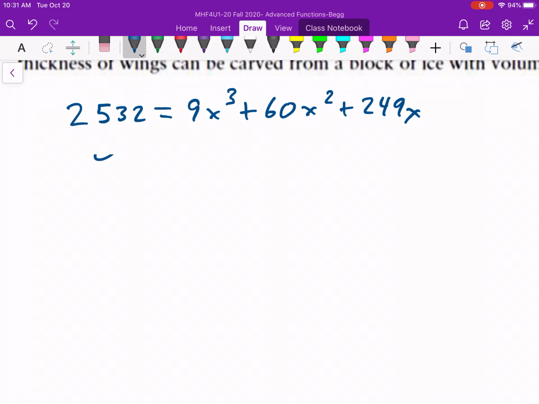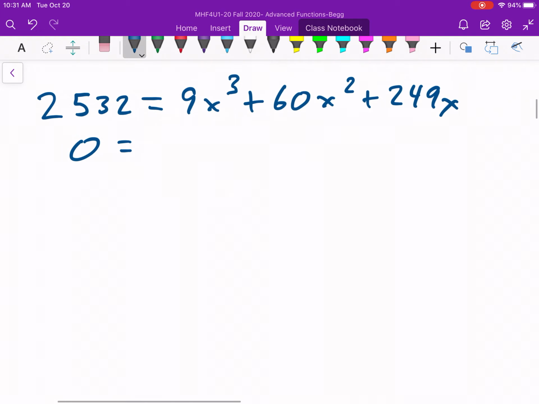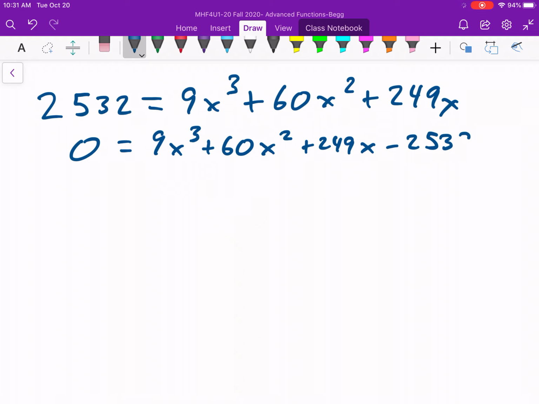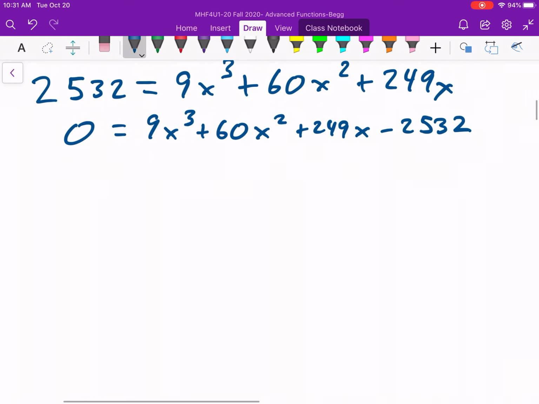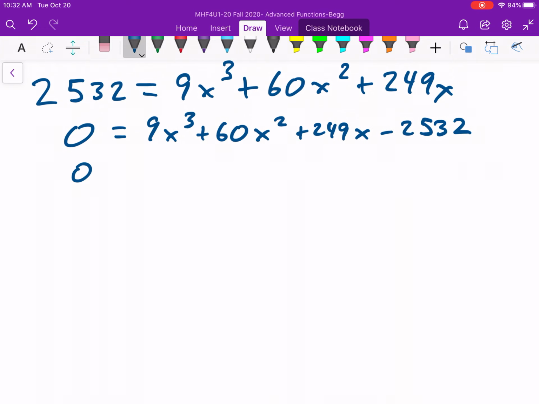So first we want to rearrange it and put it in standard form. Bringing that 2,532 over to the right, it becomes a negative. And the first thing I should always do when I'm simplifying a polynomial, or any kind of equation really, is look for a common factor. In this case, I do see one.